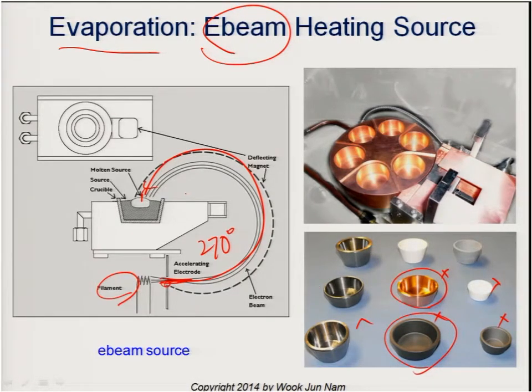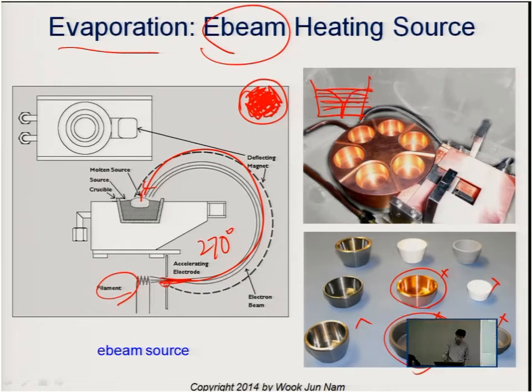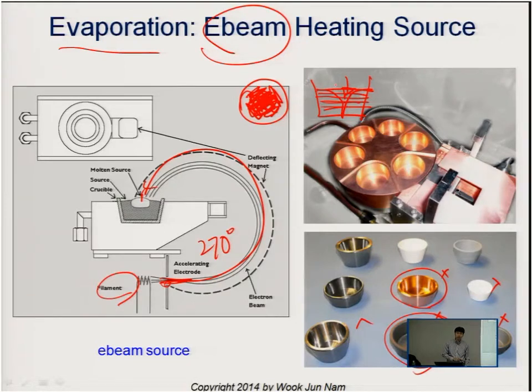Using the electromagnetic field, if this is the crucible from the top, you not only focus the electron beam but can also move the electron beam around. The basic idea of moving the electron beam around the crucible is to consume the source material more evenly instead of making a very big cavity in the center.